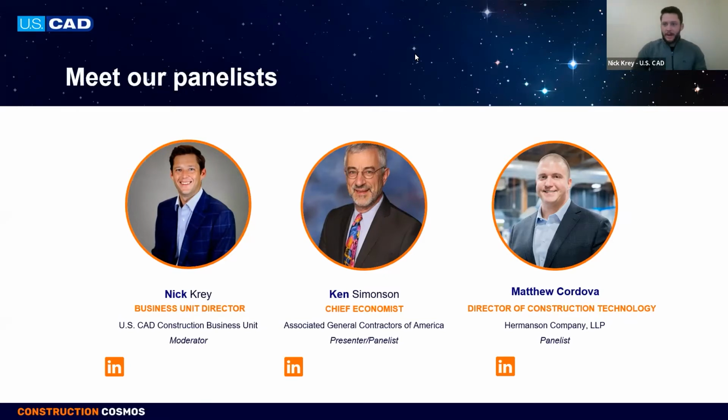I am the director here at US CAD for the Construction Business Unit. But it's not about me; it's about our panelists and our presenter. So Ken Simonson, if you don't know, you might be living under a rock. He is the chief economist at AGC, Associated General Contractors of America. Ken has been the chief economist at the leading trade association for the construction industry since 2001.